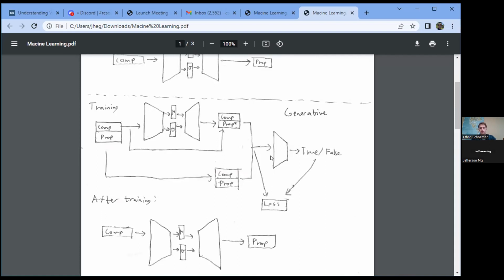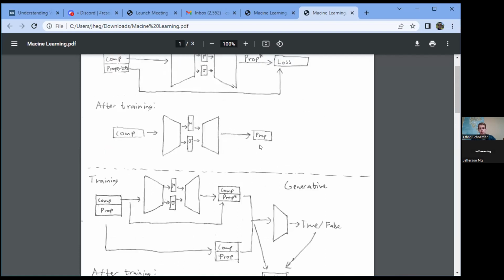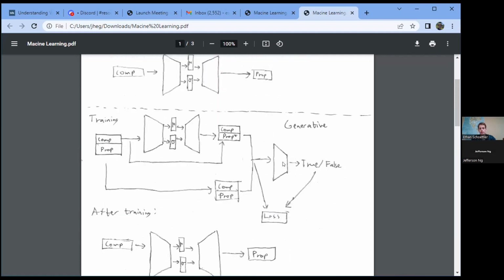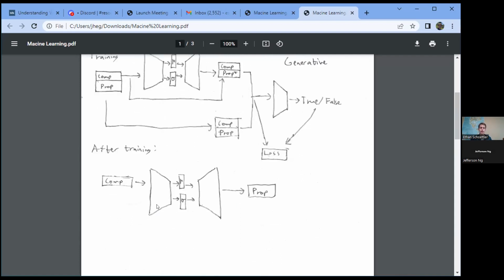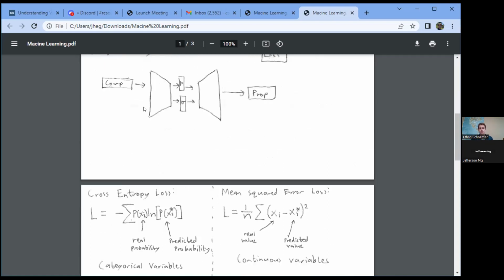So I'm assuming that this model will actually work better than this because the discriminator right here will start to model the material properties as well as the variational translator. And then after computing, the same process happens. You put in material compositions, and it predicts the properties.